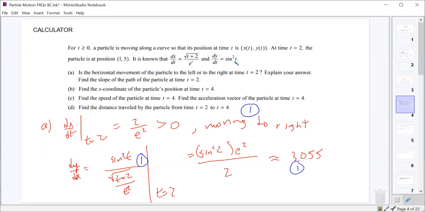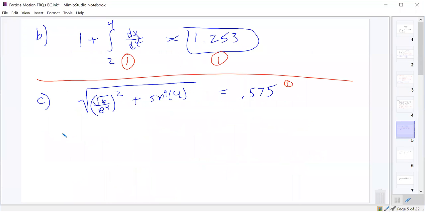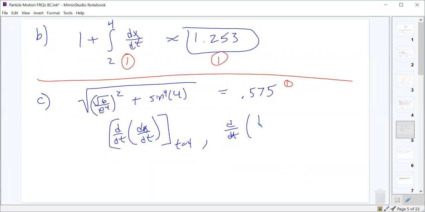You can just let your calculator do the work for you, but you'd want to at least show something like the derivative with respect to t of dx dt at t equals 4 and then the derivative with respect to t of dy dt evaluated at t equals 4. Something like that. Or you could write x double prime, y double prime of 4. That'd be fine too. That's probably a nicer notation.